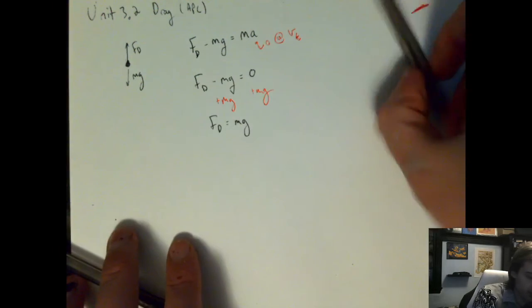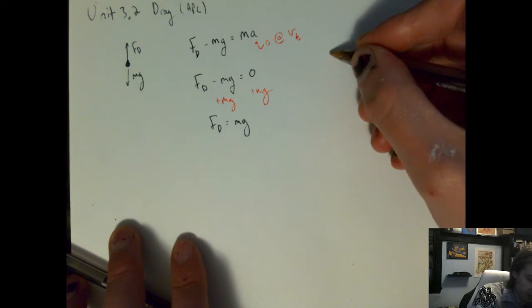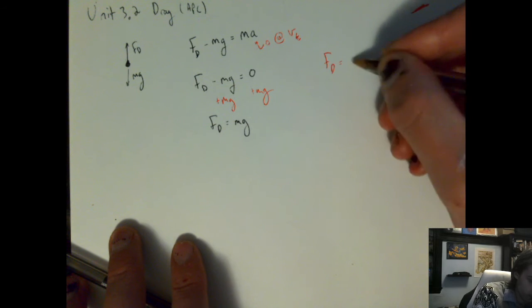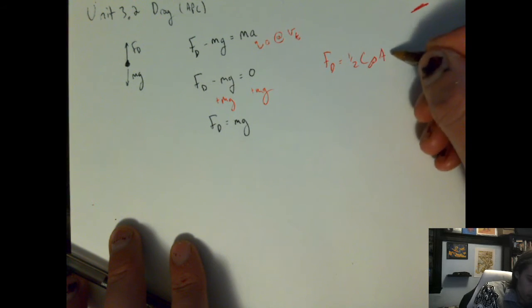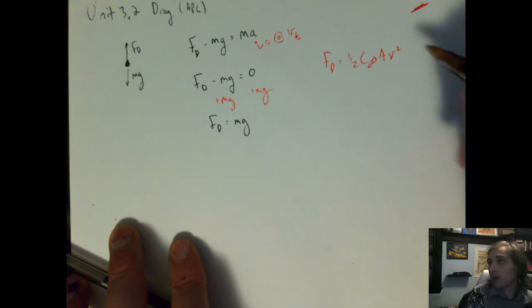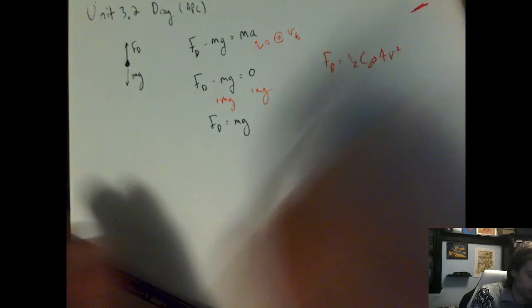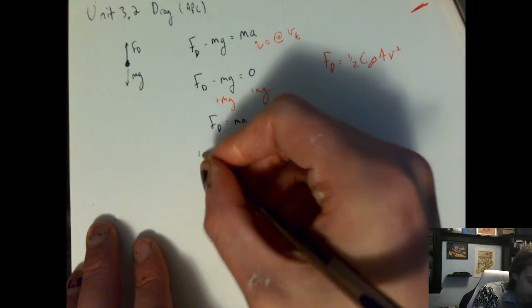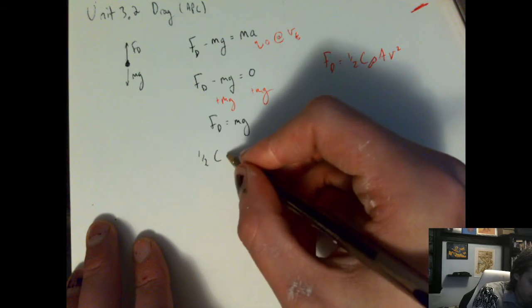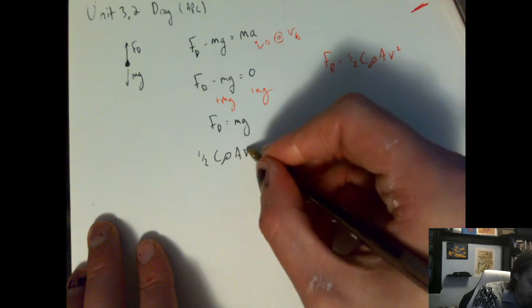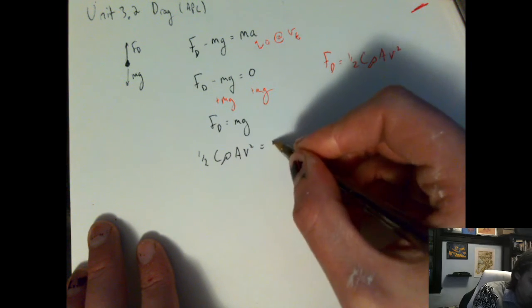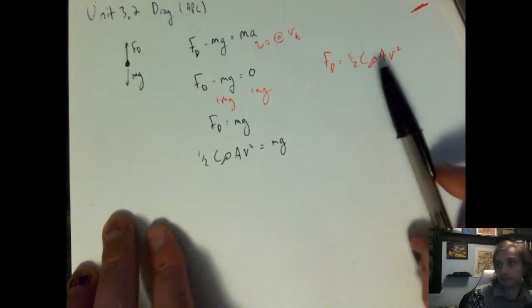So if we take this and we go ahead and plug in our drag equation, what we'll wind up with is that 1/2 times the drag coefficient times the air density times the cross-sectional area times our velocity squared will need to equal mg.